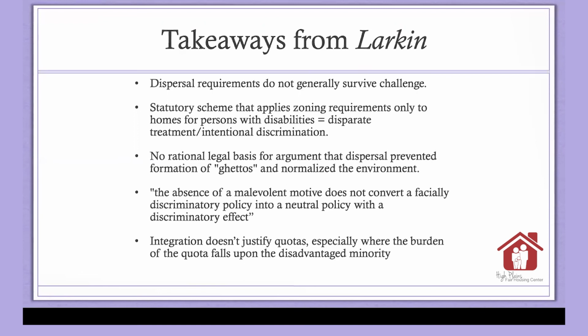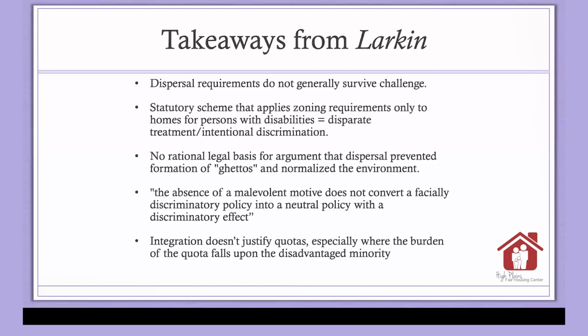Also, a takeaway from Larkin is that integration, even though that's a goal of the Fair Housing Act, does not justify quotas, right? Especially where the burden of the quota falls upon the disadvantaged minority. There were arguments made in that case that the statute requiring notification and dispersal of group homes for persons with disabilities was justified by a goal of neighborhood integration.